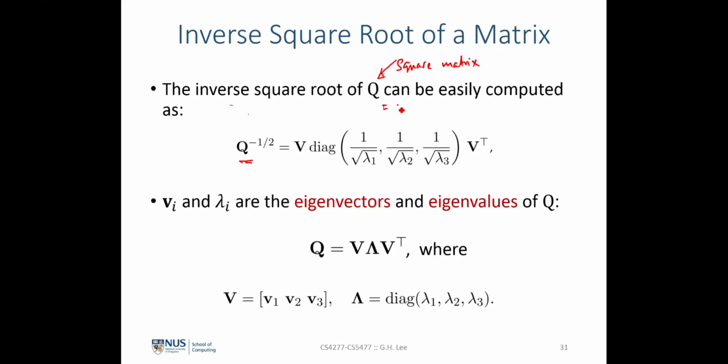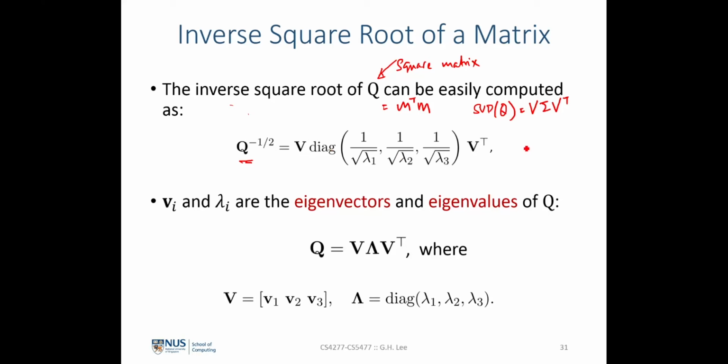Computing the SVD of this Q over here, the left and right orthogonal matrices would be the same. So it would be something like this: V sigma V transpose, where these V's are the same.